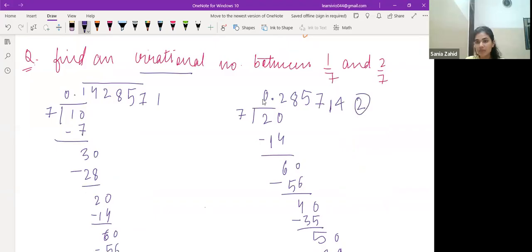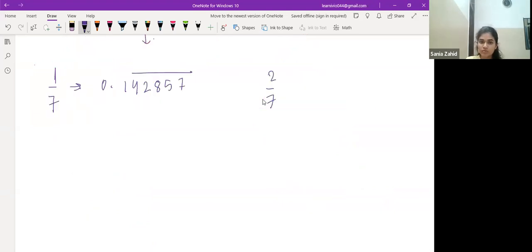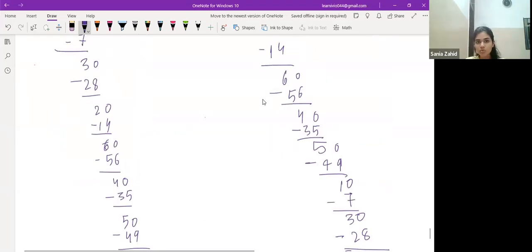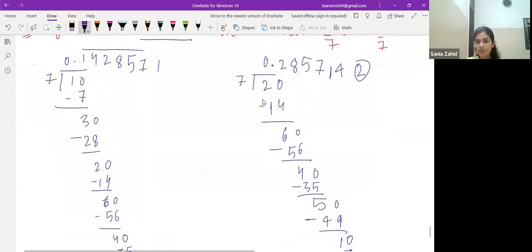That means again my decimal expansion will repeat. So for this number my decimal expansion is 0.285714 and a bar over it. What does this bar signify, children? This bar means that from here onwards the digits will repeat themselves. So that is the meaning of the bar. Just quickly note it down and do the division part till here first.